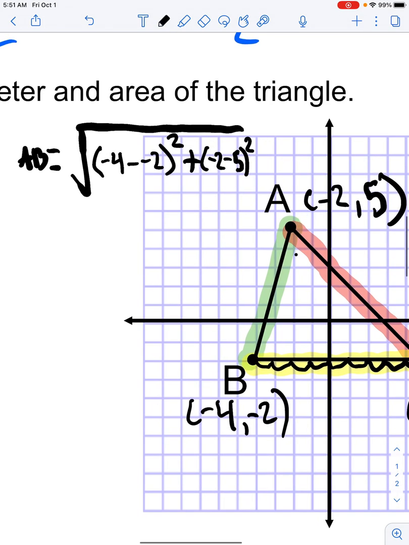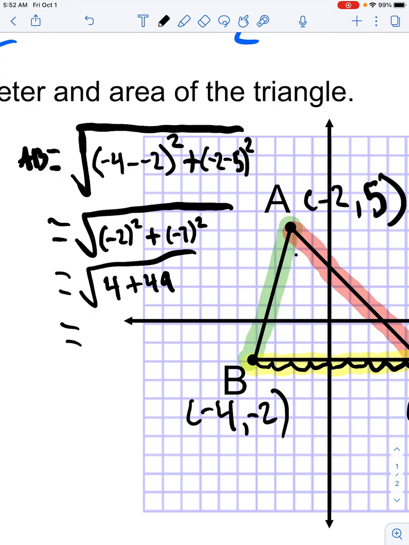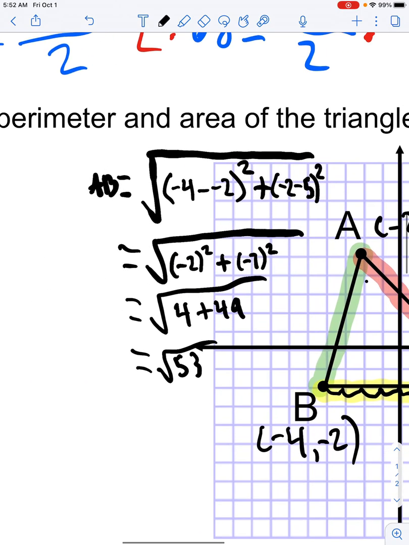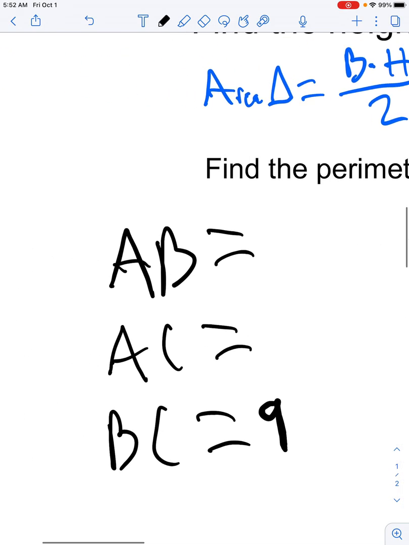All right, now let's start simplifying. -4 minus -2 is -2 squared. -2 minus 5 is -7 squared. Negative 2 squared is 4, 7 squared is 49, so I'm going to get the square root of 53. That's my length for AB.